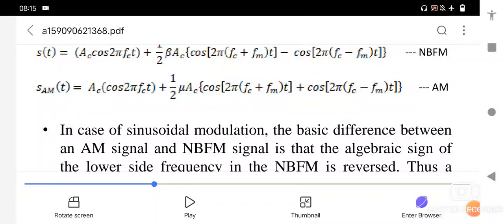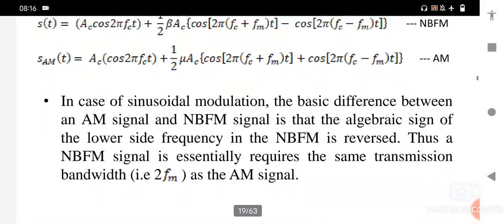Right, so comparing the two equations, that is S of t in NBFM and S of t in amplitude modulation, what is the basic difference between these two signals? In the NBFM, the sign of the lower side frequency is reversed. It is a minus representation, and in amplitude modulation it is a plus representation.